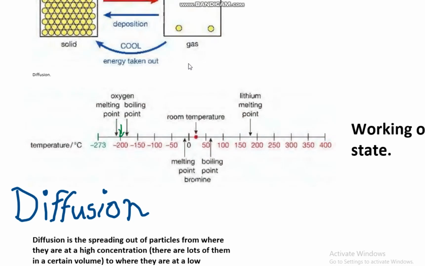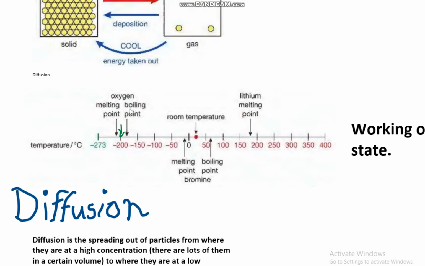So we would say that it boils at minus 180 something, give or take, and at minus 210 it melts. So it boils at minus 180, so it means that it has turned into a gas after that temperature.